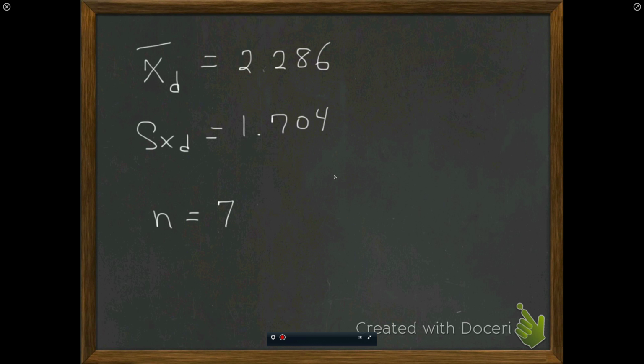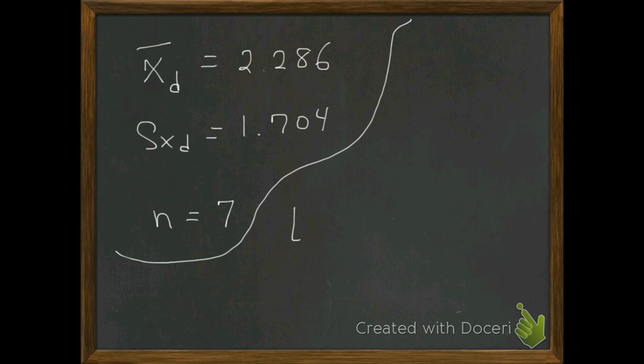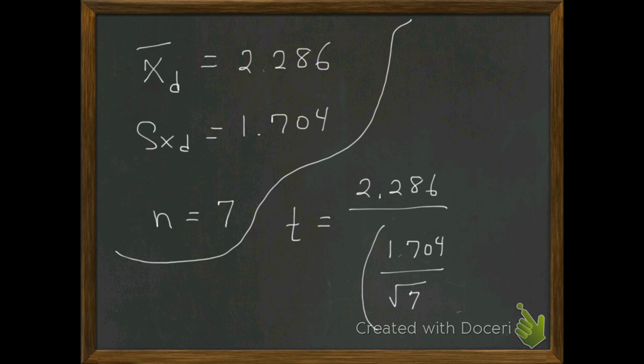All right, gang, so the test statistic is going to be 2.286 over 1.704 divided by the square root of 7.